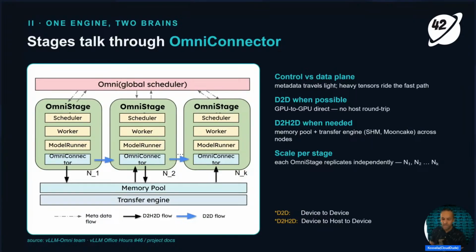As opposed to vLLM, with vLLM-Omni you can have one stage that needs 4 replicas, and another stage that needs 1, because they're completely independent. So you don't have to scale the whole pipeline. You just scale whichever stage requires more resources. That's the advantage here, and that's what makes it very differentiated compared to other engines.